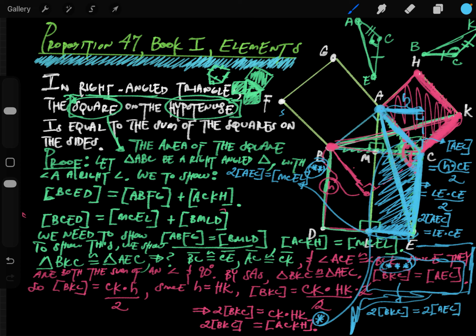And 2 times AEC is MCEL, and 2 times BKC is equal to ACKH. And now I've shown that the area of this rectangle is the area of this square.